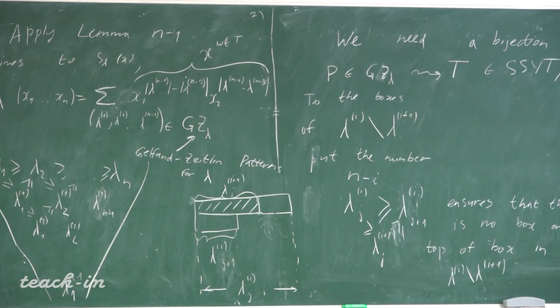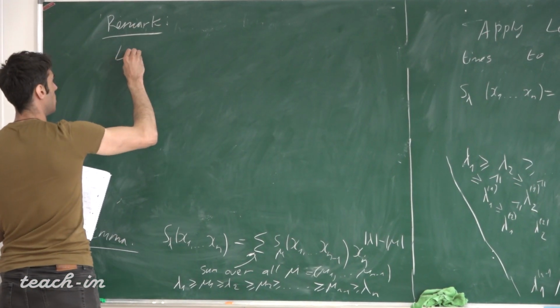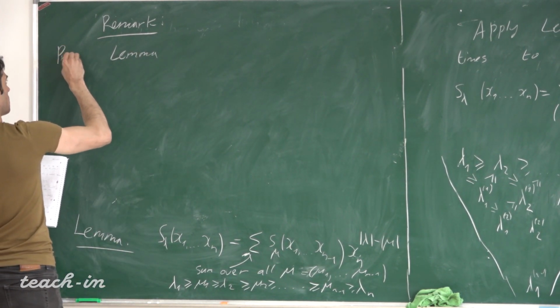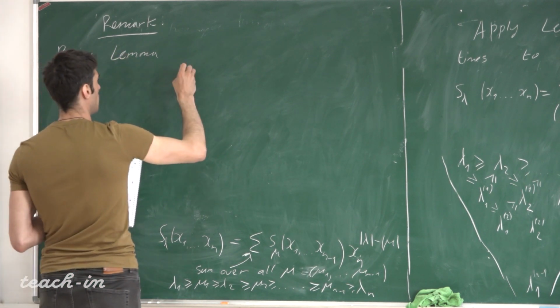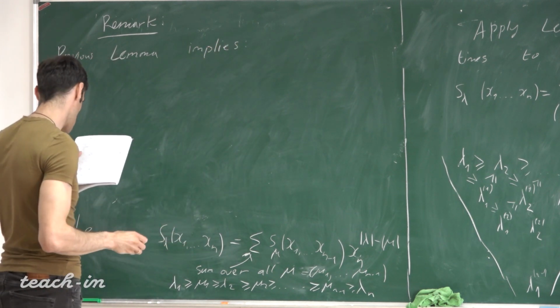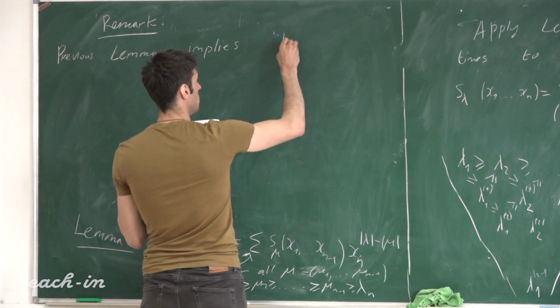For example, the previous lemma implies the following: what's called the branching rule.